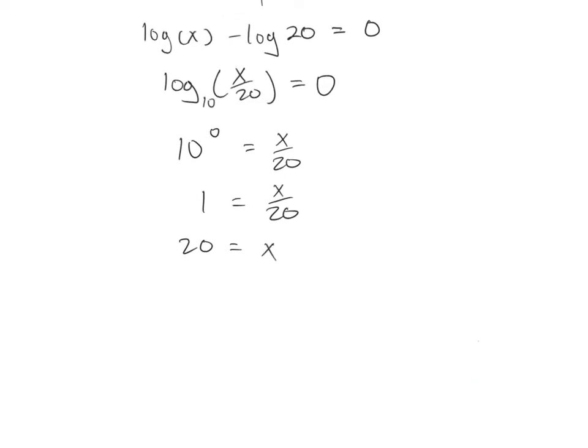Let's try another example now. What if we had e to the x equals 1 over 8. A little reminder, the natural log and e are inverses of each other.